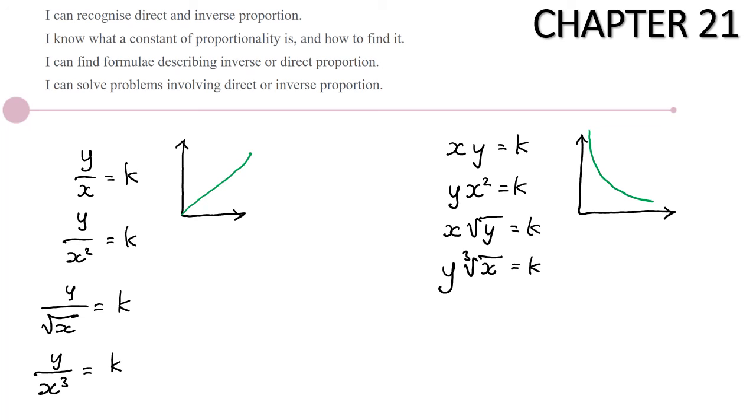So you may have different types of graphs, and what you need to do is say, right, okay, which one is the graph of x squared, which one is the graph of the inverse proportion, all that type of stuff. Okay.